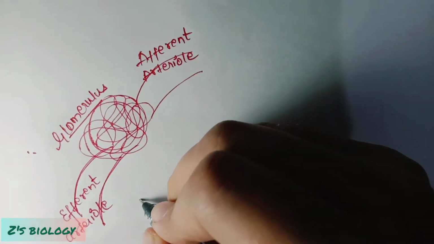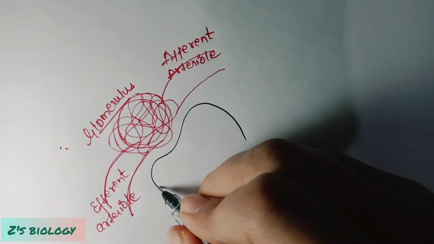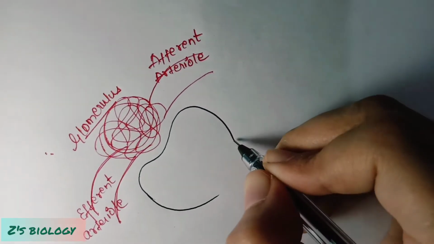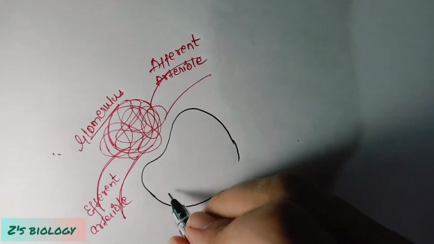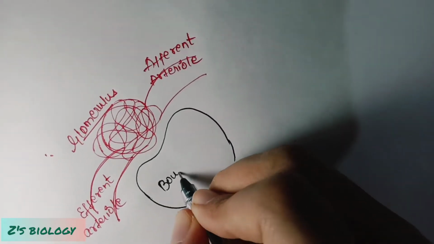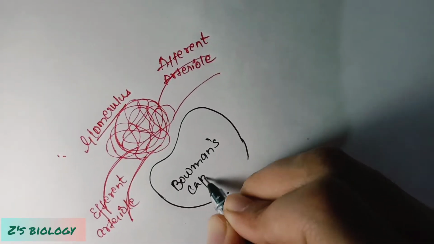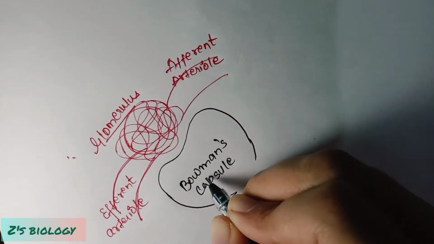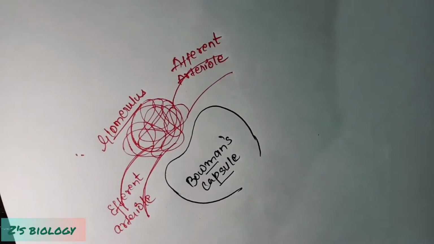Actually, each nephron is formed by two parts. One is the renal corpuscle, also known as the Malpighian corpuscle, and then there is a tubular portion that is called the renal tubule. These two structures which I have drawn, the glomerulus and Bowman's capsule, are part of the renal corpuscle.